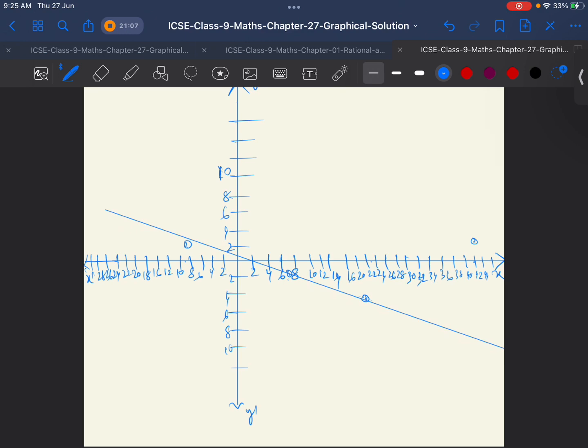Then (minus 28, minus 4), minus 28 is here, minus 4 is here. So now we draw the line. This is the line.